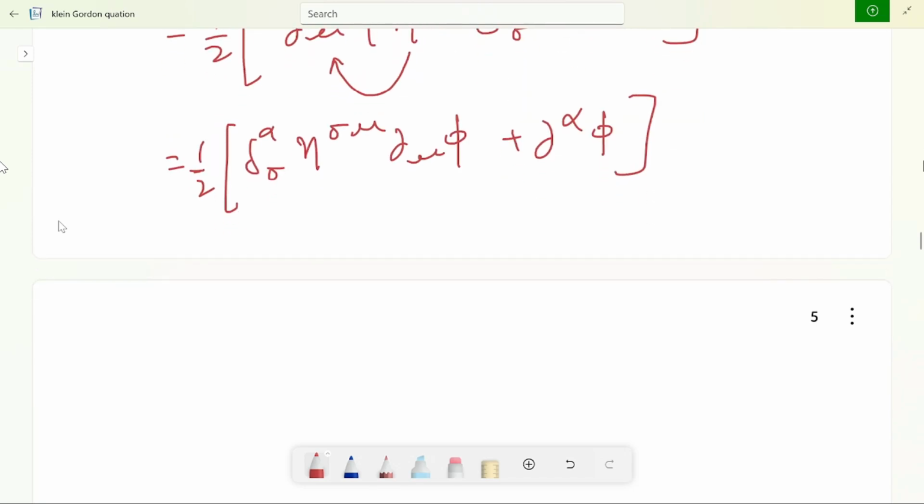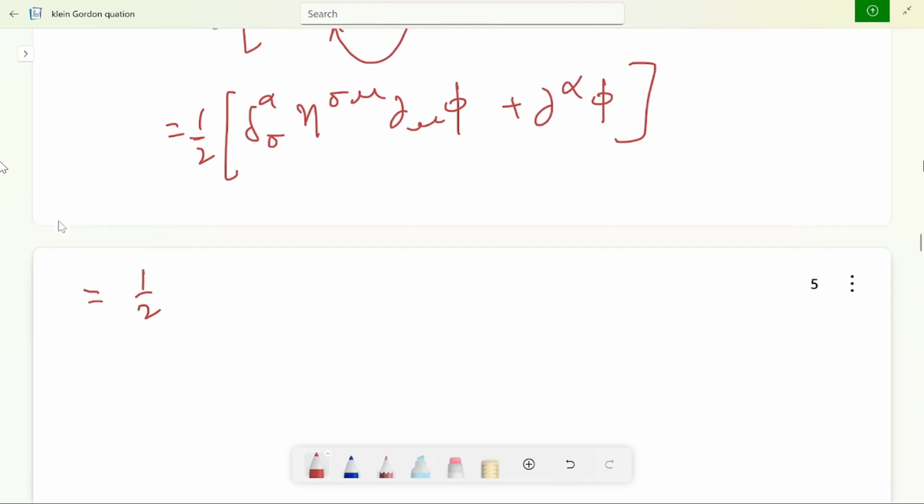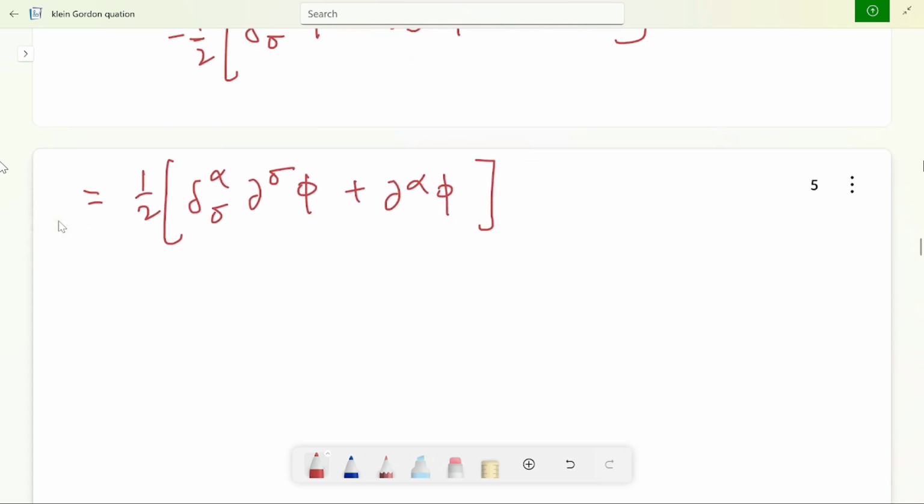If this metric acts on this derivative, notice that mu is the repeated index which is being summed over, so you are left with sigma, right? So this equation becomes half times the Kronecker delta acting on d sigma phi, with sigma as the contravariant index now, plus d alpha phi.